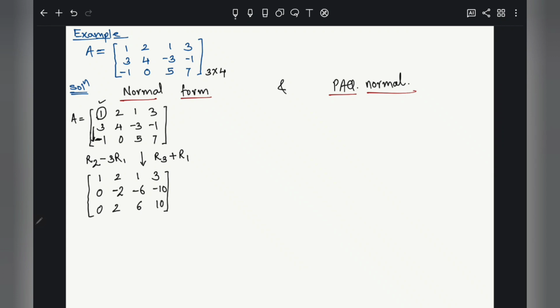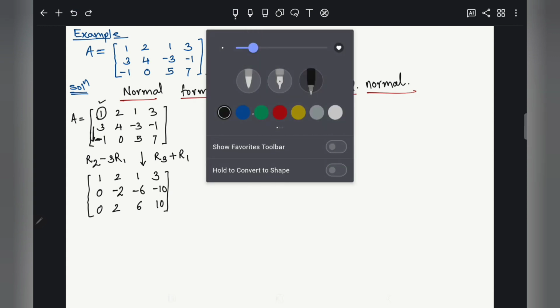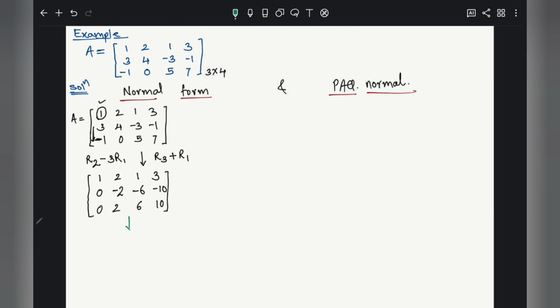If we do this operation, this is the matrix that we get. Next, I am skipping the calculation part. Now we have to make the row entries 0. How can we achieve that?